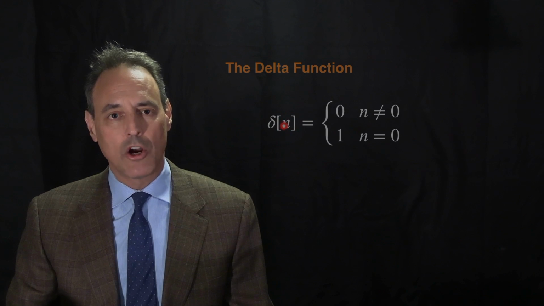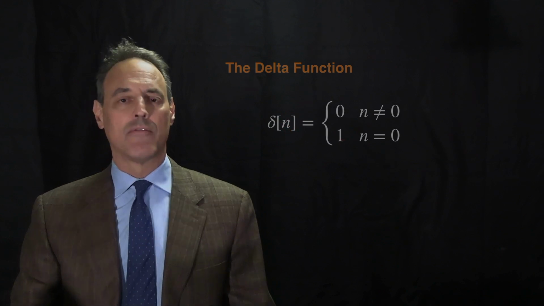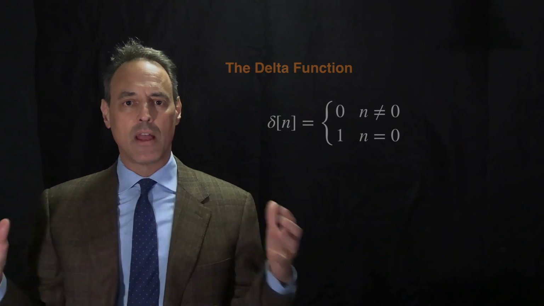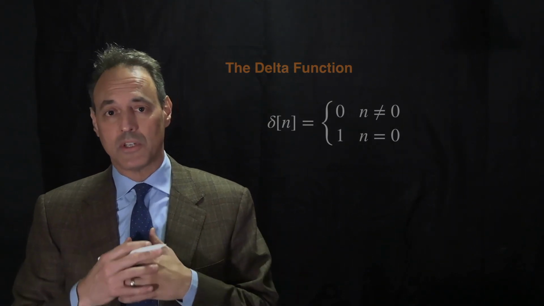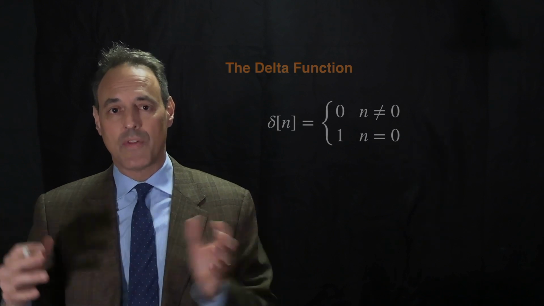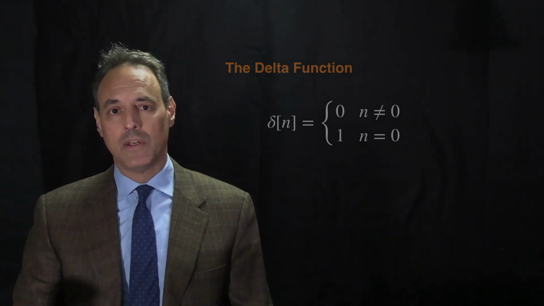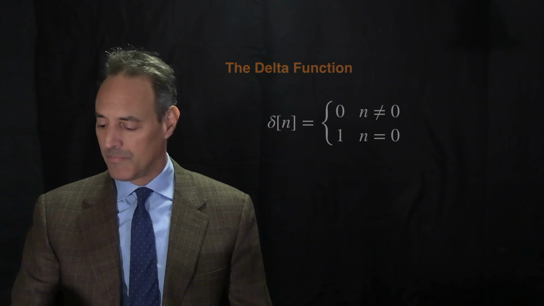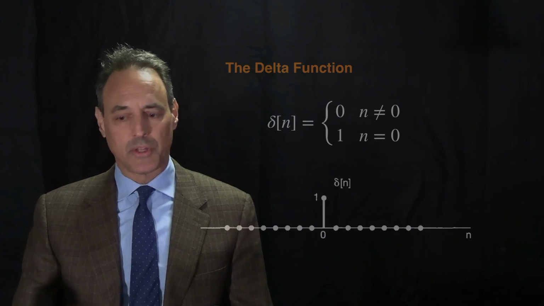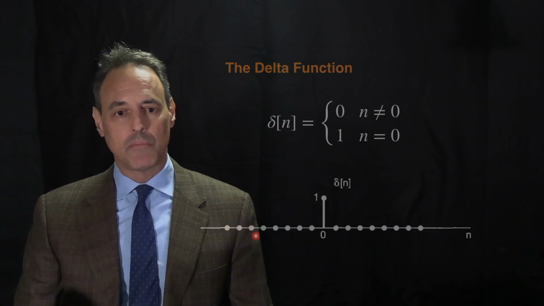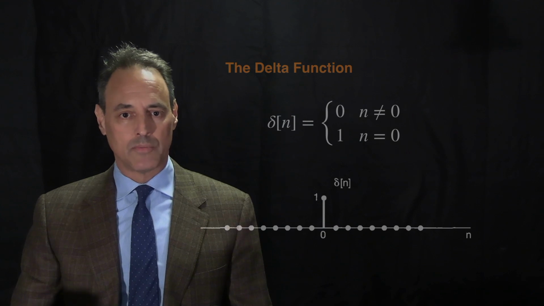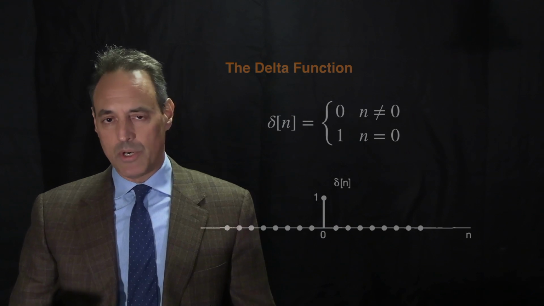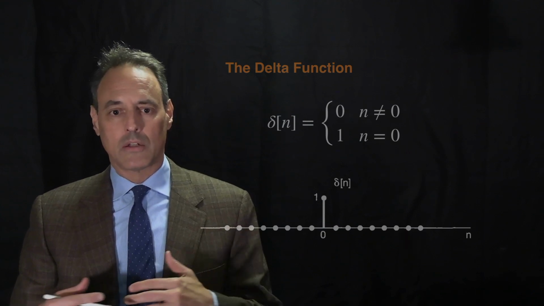So when the argument is 0, it takes on a value of 1, and it's 0 everywhere else. So it's a pretty boring function for the most part. There's nothing happening. It's 0, and then at one specific point, it comes on. Okay? So that delta function looks something like this. So here are all your discrete points, and here at 0, it takes on a value of 1, 0 everywhere else. So it's a pretty simple looking function.